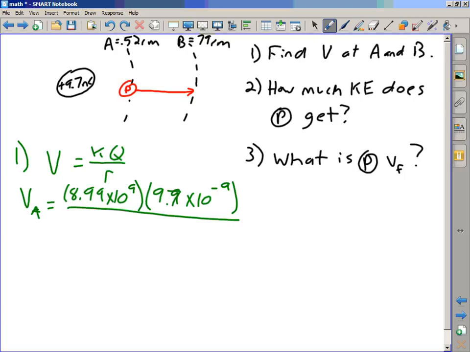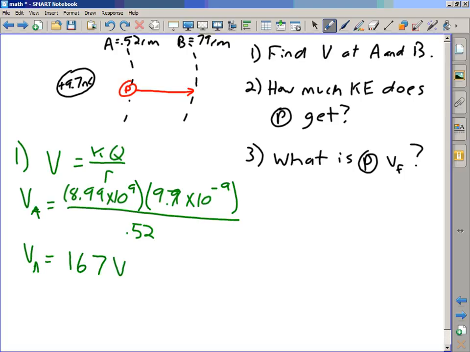Divided by the distance between them, 0.52. Not 0.52 squared here, this isn't R squared, this is just R, 0.52. Give me VA, please. 167? Yes.